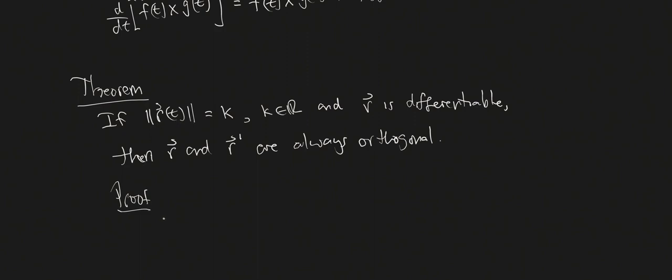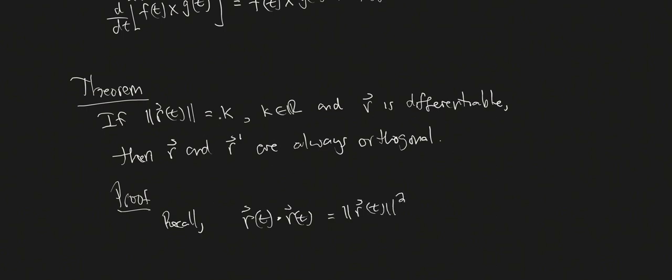dot product, recall that when you take the dot product of a vector with itself, you get the magnitude squared.